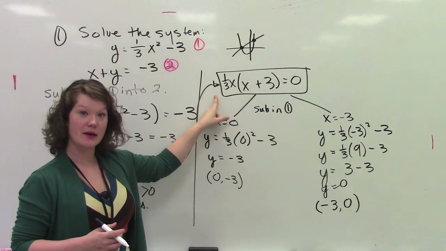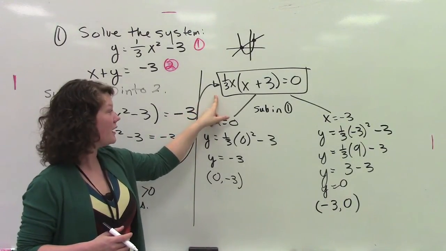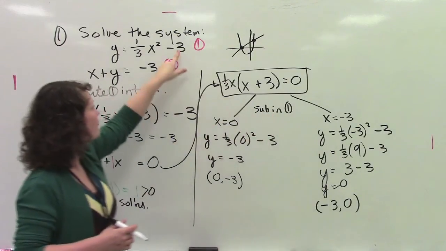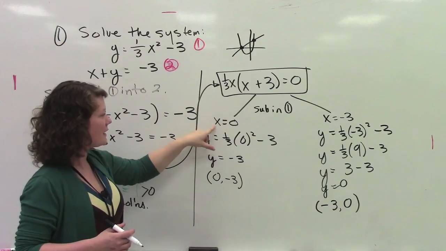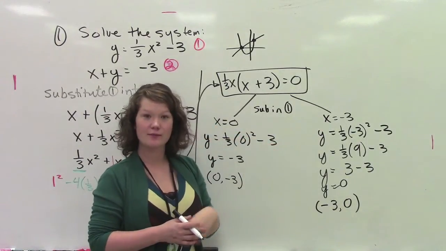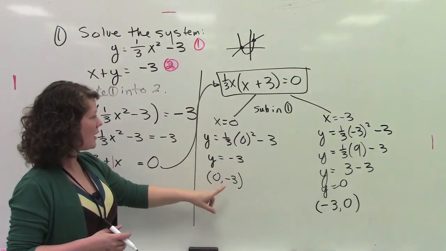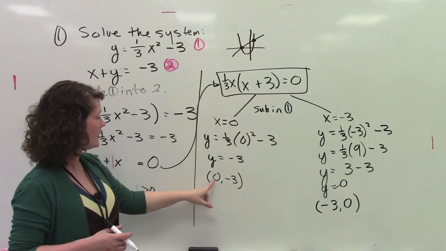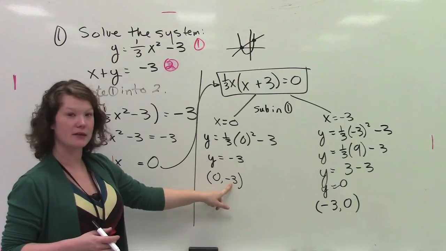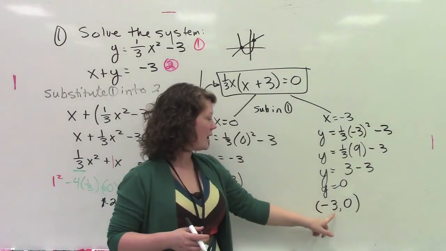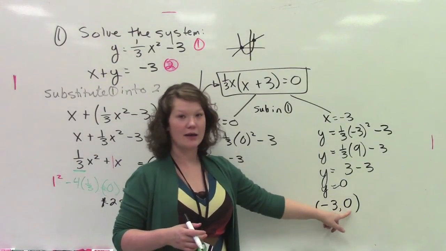That was the easiest way to solve this equation. Then I substituted in whichever one is easier. So I know that I have 2 solutions here, x equals 0 and x equals -3. When I plug it into number 1, I figure out that when x equals 0, y equals -3, and when x equals -3, y equals 0.